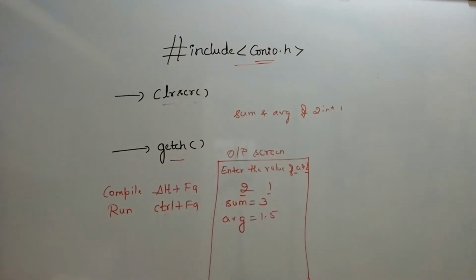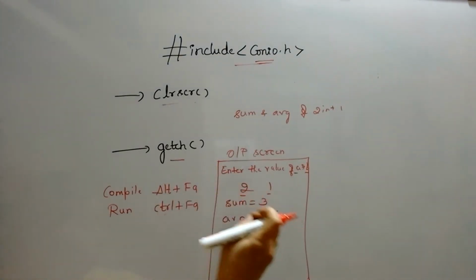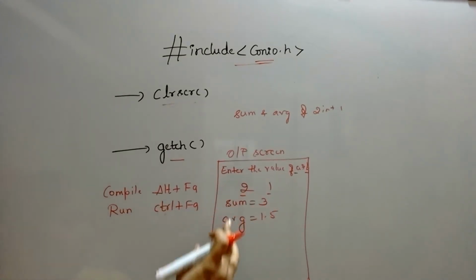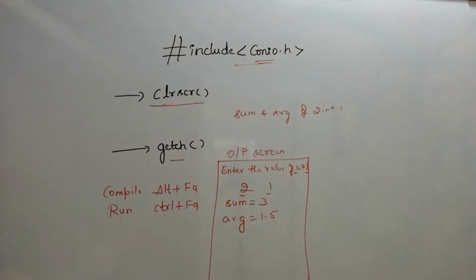If you run the program for the second time, the previous output, whatever you got for the input values the previous time, will be present in your output screen as it is, unless and until you use the clear screen function in your program. If you don't use the clear screen function, the previous output will remain on your output screen.